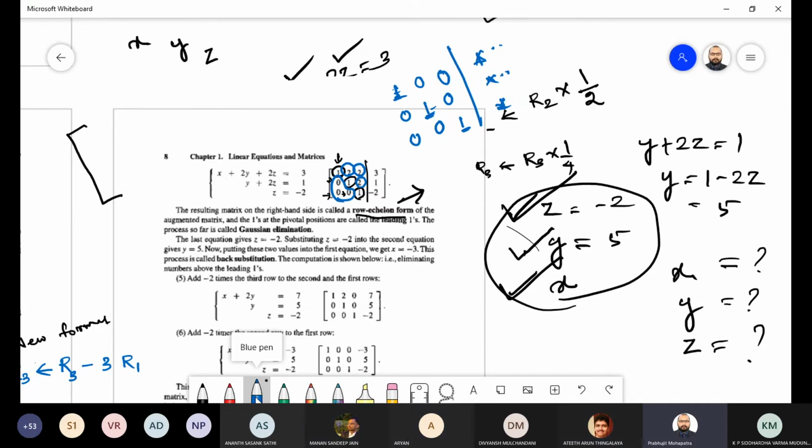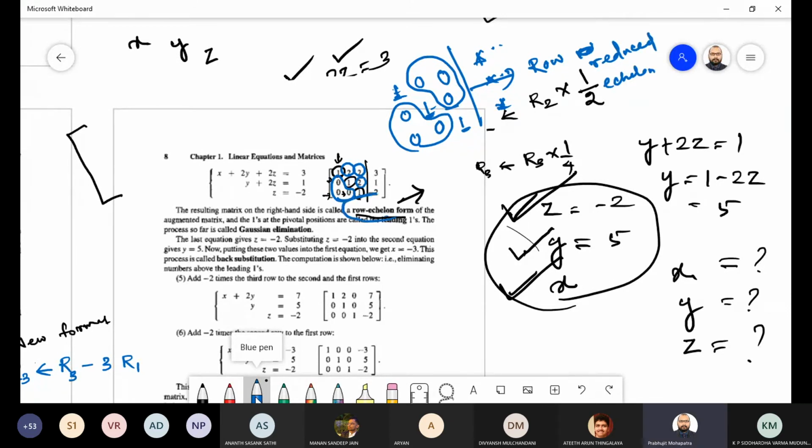We can make a suitable adjustment and do it. That method is called the row reduced echelon form. If you make the lower part 0 as well as the upper part 0, that is called row reduced echelon form.